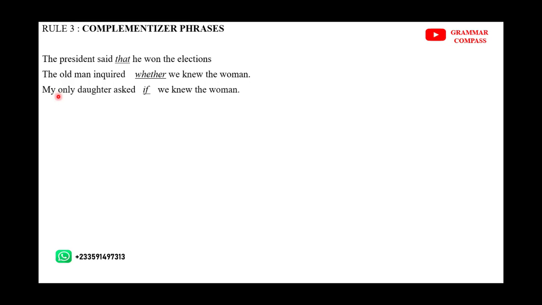In the third sentence, my only daughter asked, and we have we knew the woman. In all these sentences, we can see that the second clauses are introduced by these words. In the first one, it is introduced by that. In the second clause, it is introduced by whether. In the third clause, it is introduced by if.